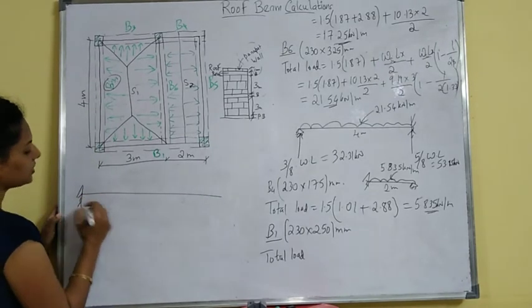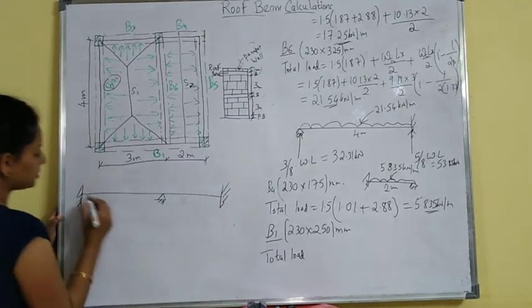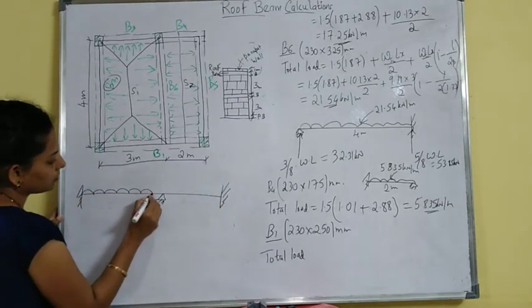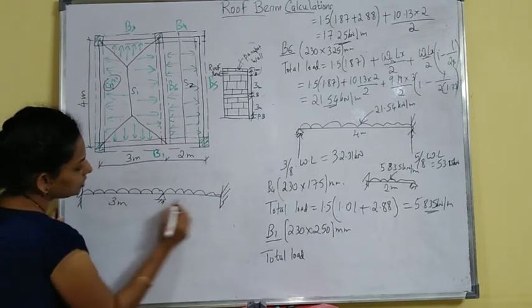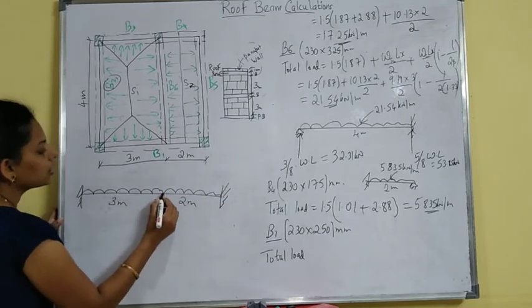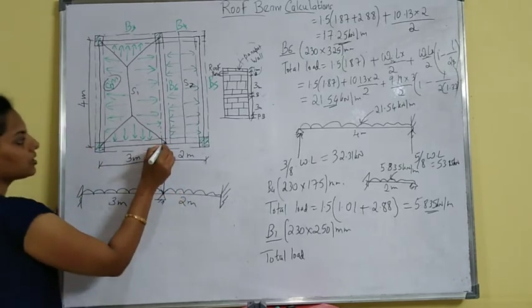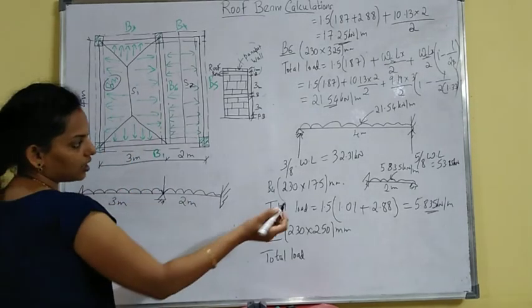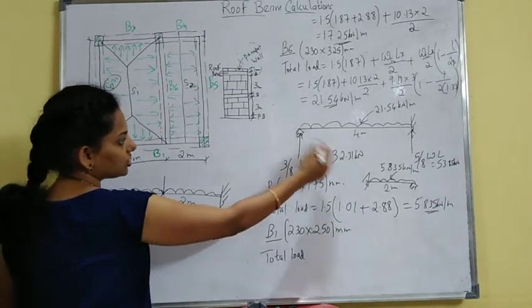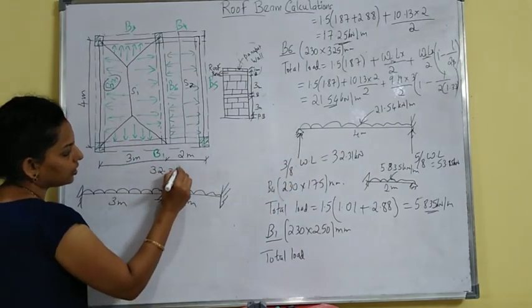This end is fixed, here it is hinged, and here again it is fixed. This is 3 meter and this is 2 meter. Here from B6 you will have a reaction acting at this point. So load will be coming from the beam B6. That reaction is nothing but the hinged reaction, that is 32.31 kilonewton.